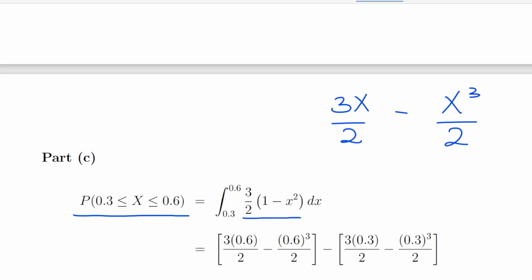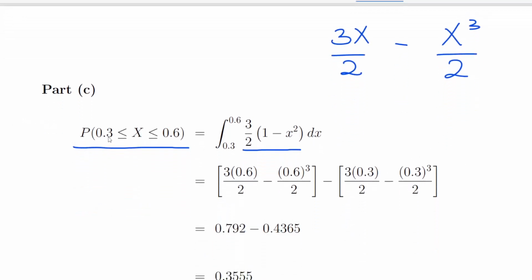Our interval here is 0.3 to 0.6. So we're going to evaluate it for x equals 0.6 and then x equals 0.3 and get the difference. For x equals 0.6, we have 3 times 0.6 over 2 minus 0.6 cubed over 2. That works out to be 0.792.